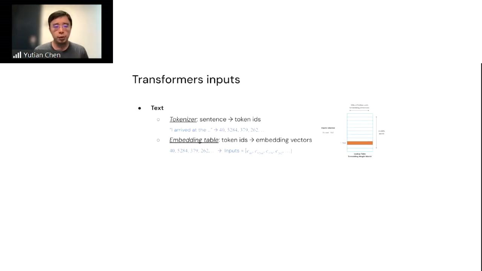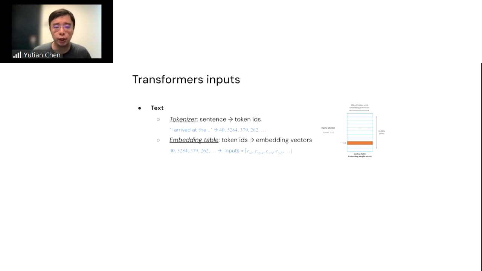The original transformer paper was introduced to process text. For the input of the transformer, we have a sequence of text, and then it goes through two steps. The first step is to use a tokenizer to split the sentence into several words or subwords. Each is represented as an index in the vocabulary.